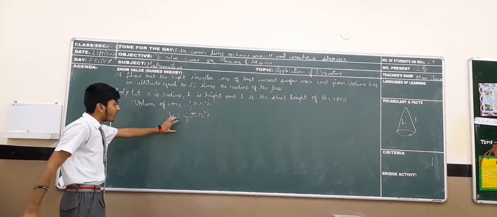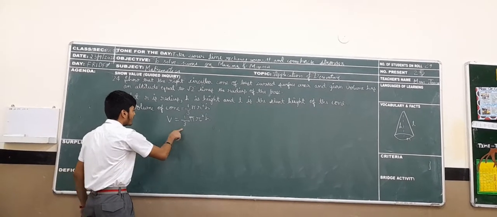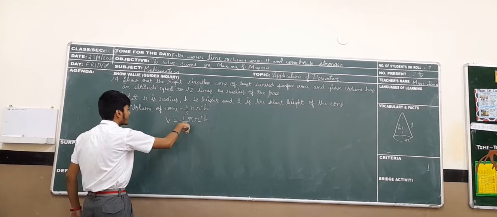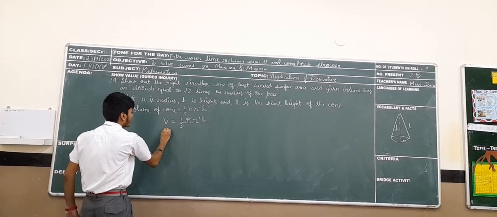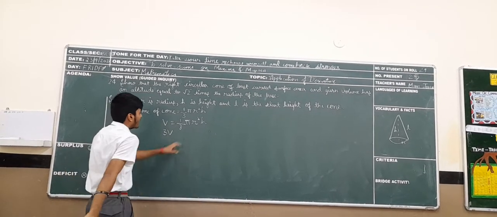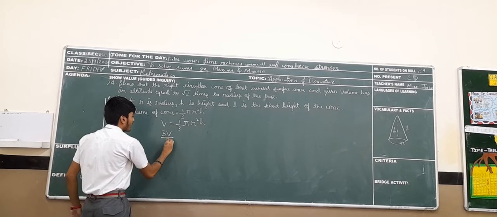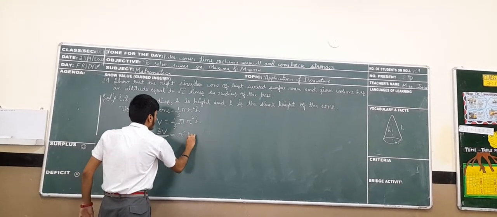Now we bring all the constant terms to one side. The 3 is in the denominator, so when it comes here it gets multiplied with V, and it becomes 3V. Pi will come here, so 3V by pi is equal to r square h.